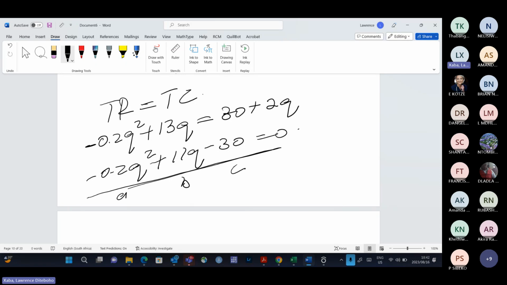So now we want to find the two values that will represent our Q in our Cartesian plane.